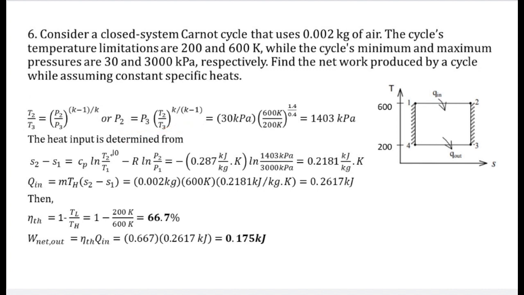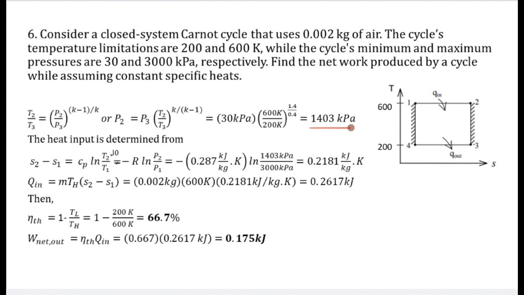P sub 2 is equal to P sub 3 times T sub 2 over T sub 3 raised to the K over K minus 1. So substituting all the given in this equation and calculating it, we'll get this final answer, 1403 kilopascal.